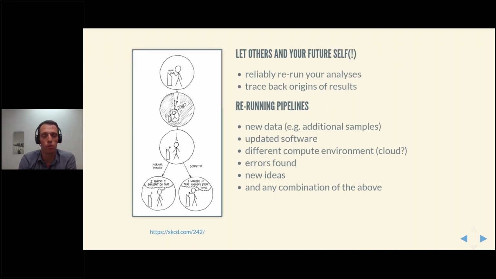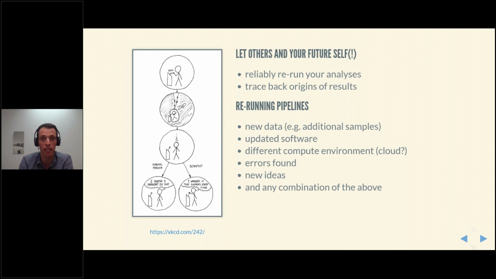There are a multitude of reasons for that, and first and foremost, probably, is being able to rerun your own analysis or rerun them on new data, be able to rerun and extend pipelines, given updates to software, new versions, errors found in code or results.